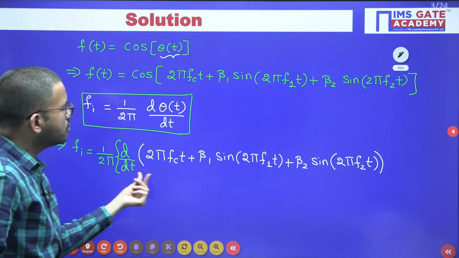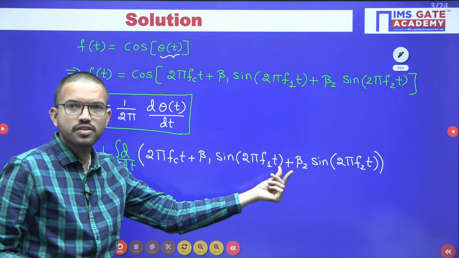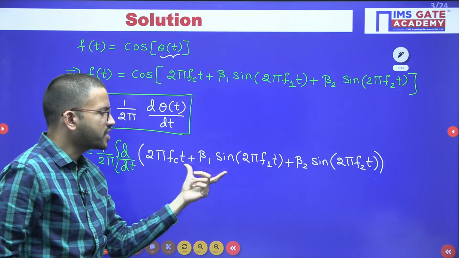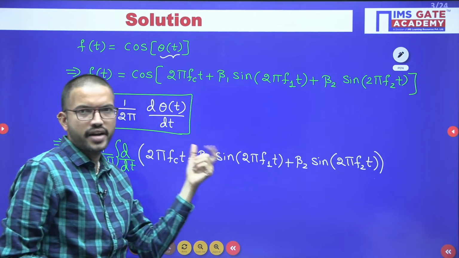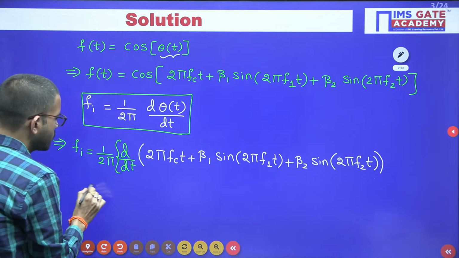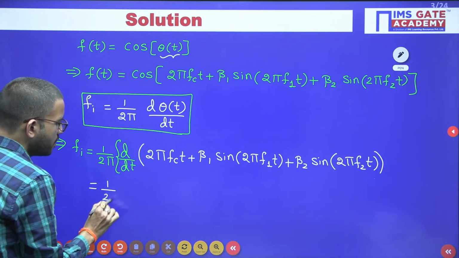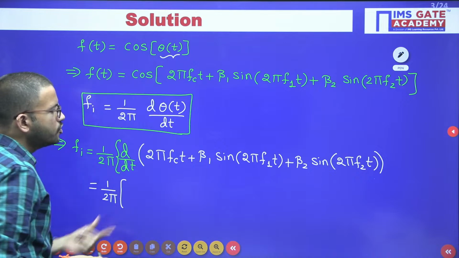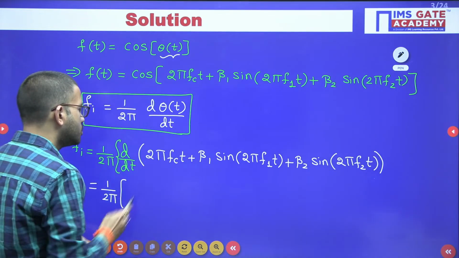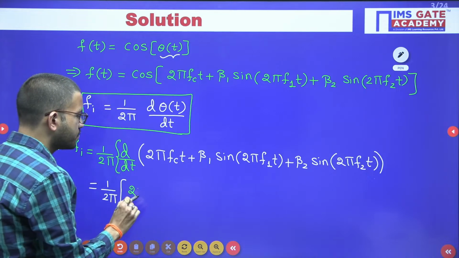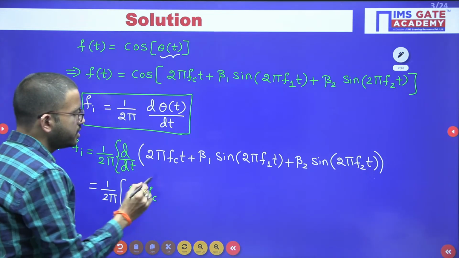Now here you have three terms. Since they are added together, you can differentiate each individual term and then add. 1 by 2 pi I am keeping as it is. Now, differentiating with respect to time, 2 pi is a constant and fc is also constant.